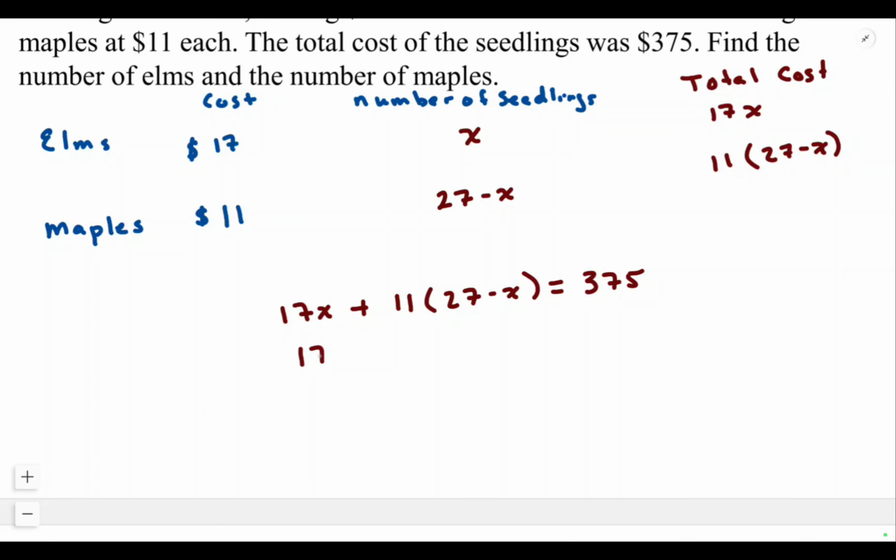So we have 17x, and then this is going to be plus, what's 11 times 27? 297. And then it's minus 11x, and that's equal to my 375.